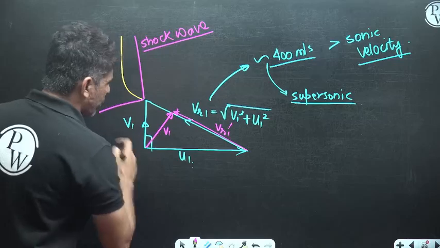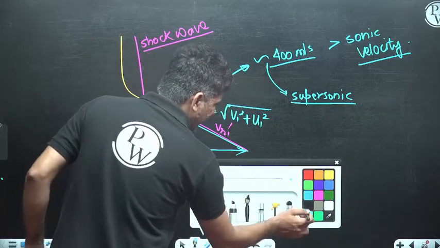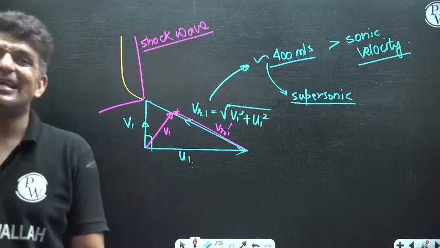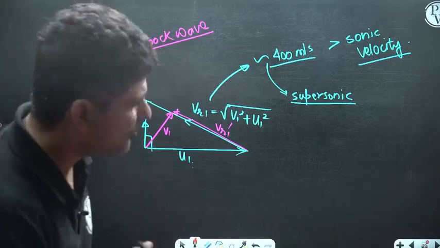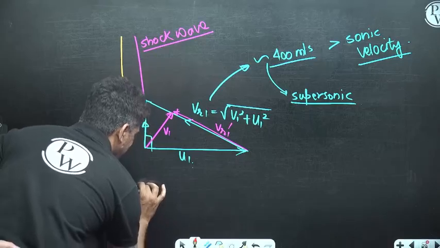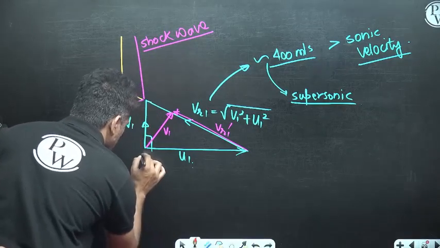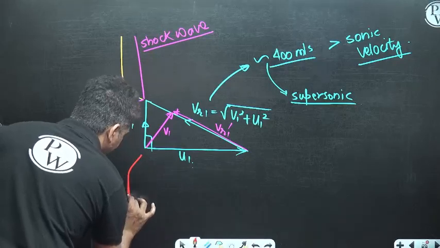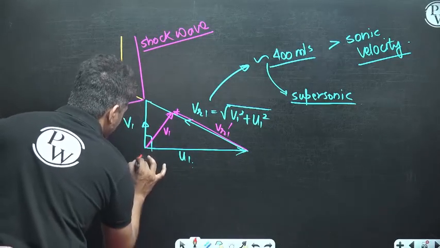So what you do is, at the inlet of the impeller or at the inlet of the compressor, you put guide blades, or these are also called guide vanes. Those guide vanes are tilted like this. Okay, so guide vanes are provided.